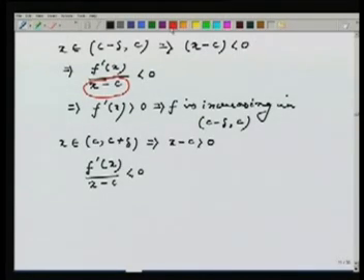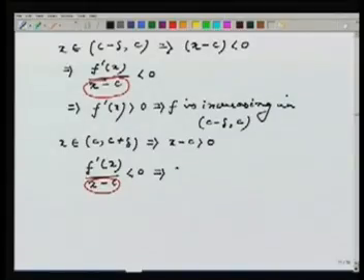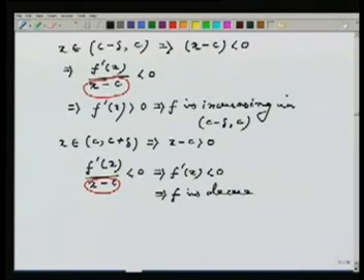Now the denominator is positive but the whole quantity is negative. That would then imply that the numerator, f prime x, must be strictly less than 0, which then implies that f is decreasing in (C, C plus delta).